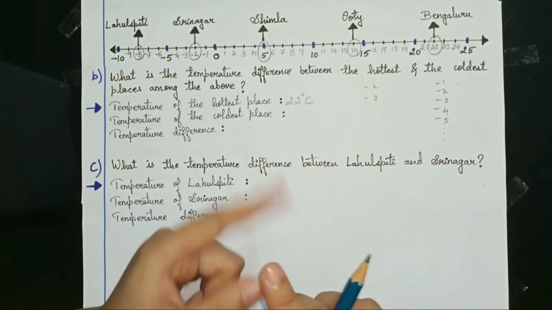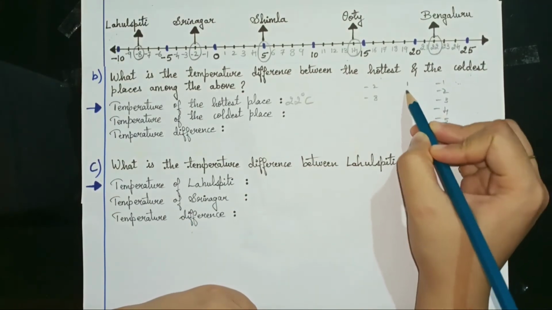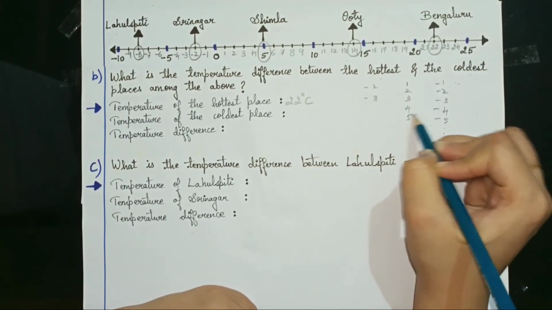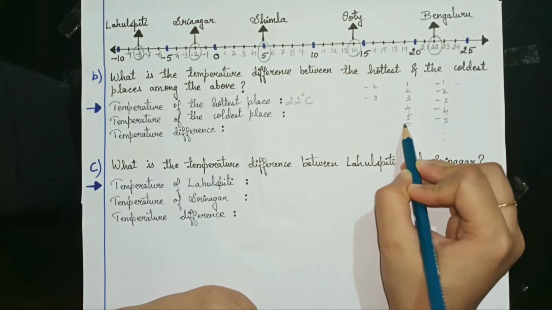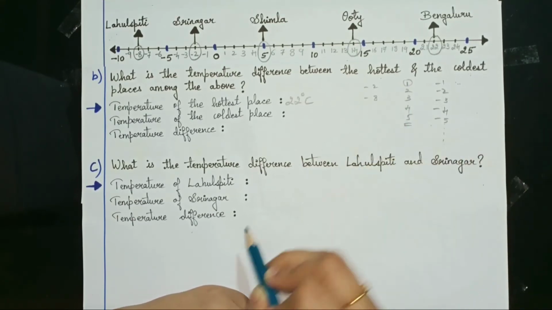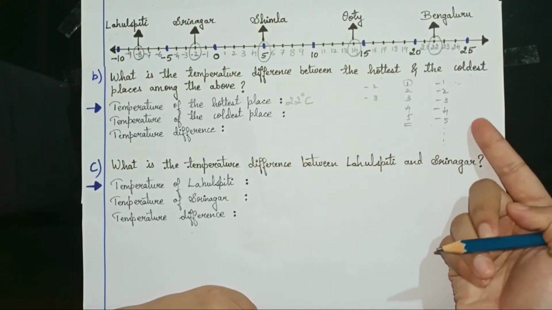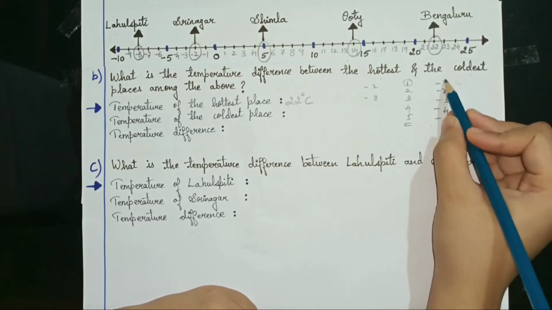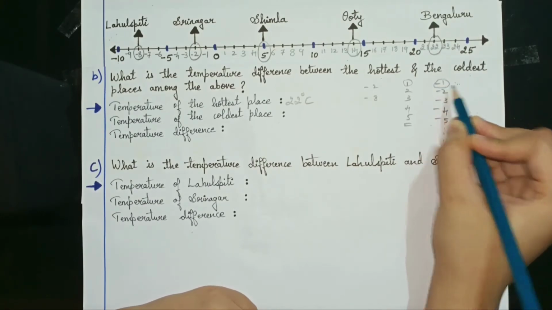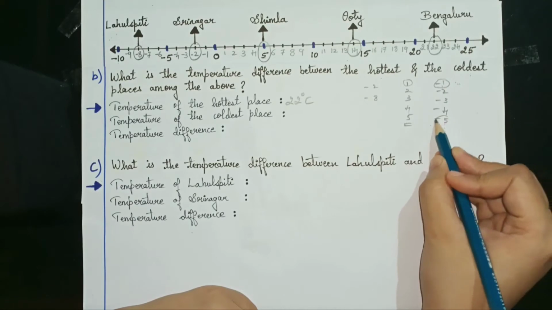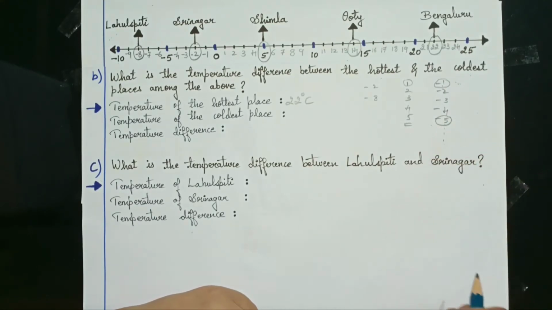It's just the reverse. If I write normal numbers 1, 2, 3, 4, 5, the highest value is 5 and the lowest value is 1. Whereas if the numbers have a negative sign, -1 will have the greatest value and -5 will have the lowest value. It's just the reverse.